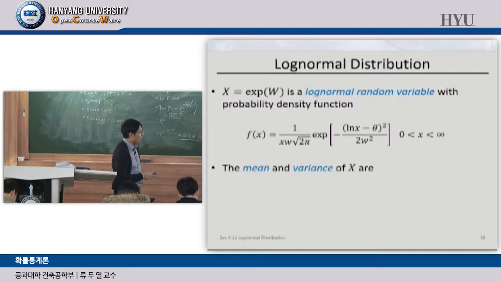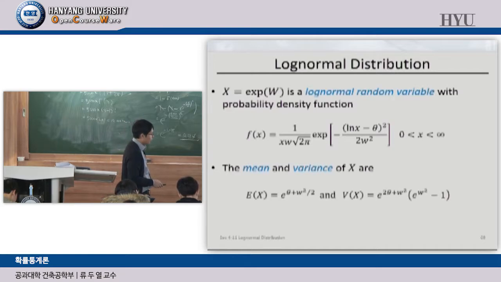And the mean and variance of x are as follows. The mean is equal to exponential theta plus w square over 2. And the variance is equal to exponential 2 theta plus w square times (e to the w square minus 1). So by using these two equations, we can solve for the mean and variance of the log normal distribution.